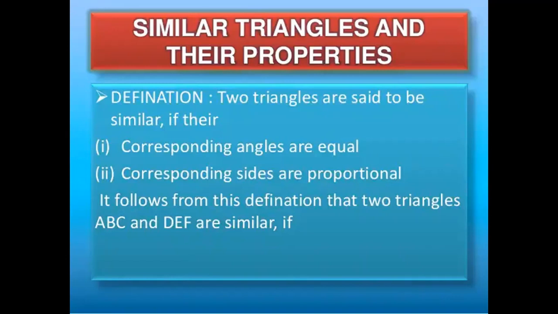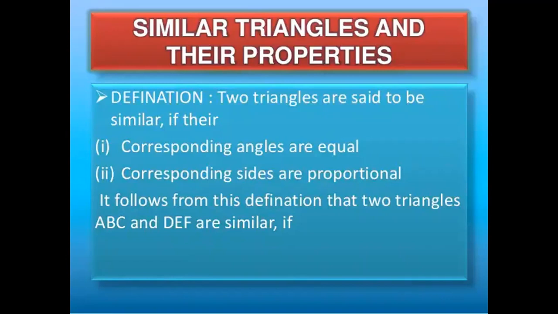Number two, when can we say that two triangles are similar? Otto, read number two. Corresponding sides are proportional. It follows from the definition that two triangles ABC and DEF are similar.